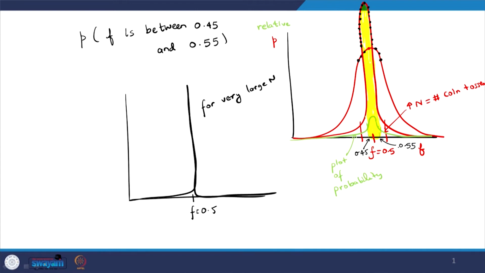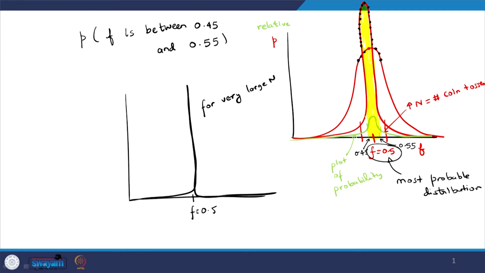The other way to say the same thing, and that is closer to the notion of thermodynamics, is that this f equal to 0.5, we may say that it is my most probable distribution, but my f can take any value around it.